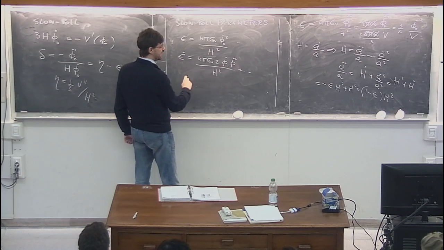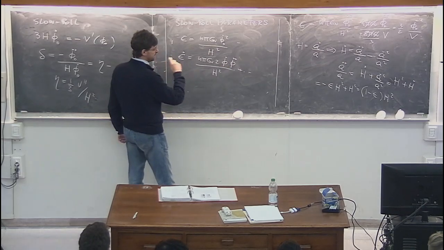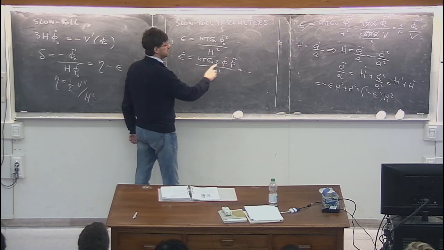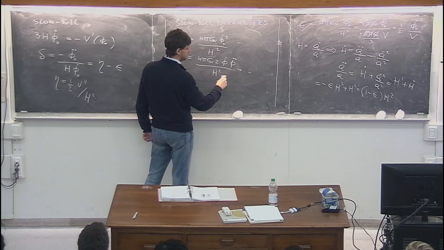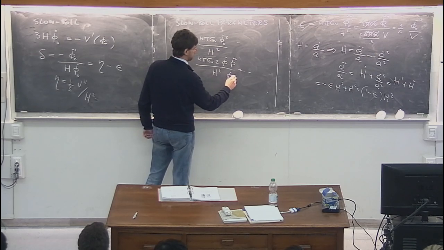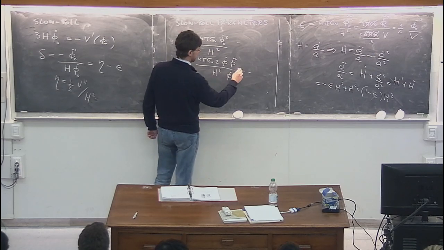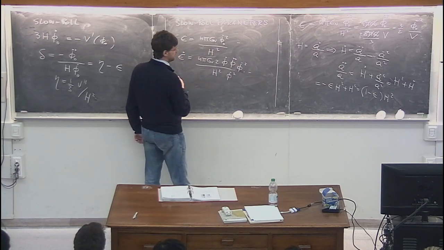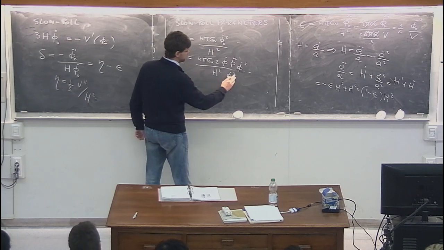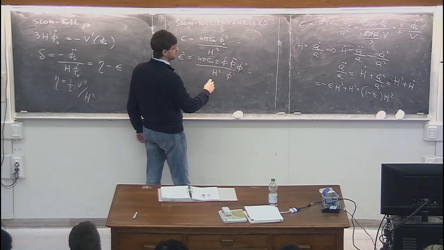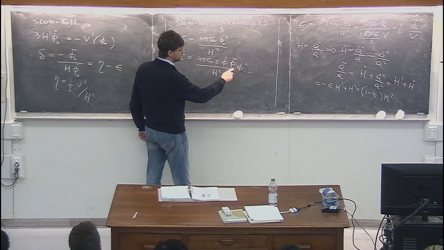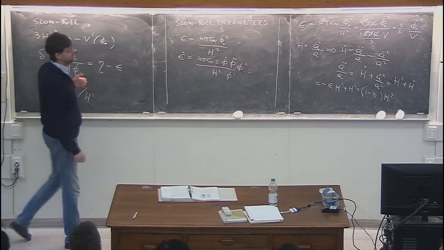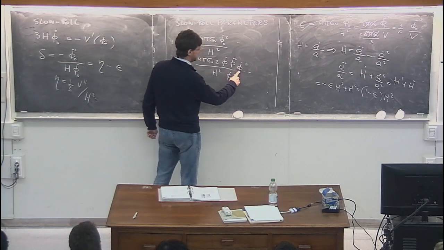But let me just make the argument. You see here that I have a phi double dot times a phi dot. So I can multiply and divide by phi dot, and you start already recognizing that phi double dot divided by phi dot is the delta, and the phi dot squared is the epsilon.